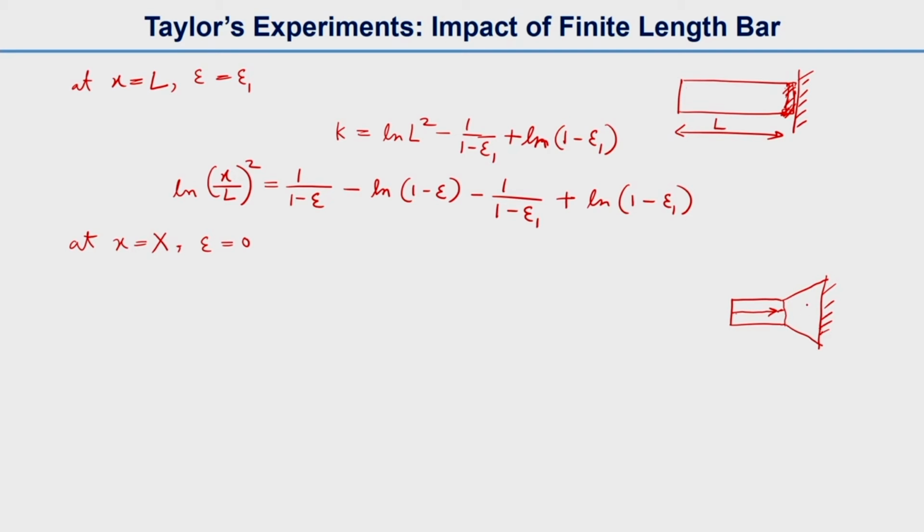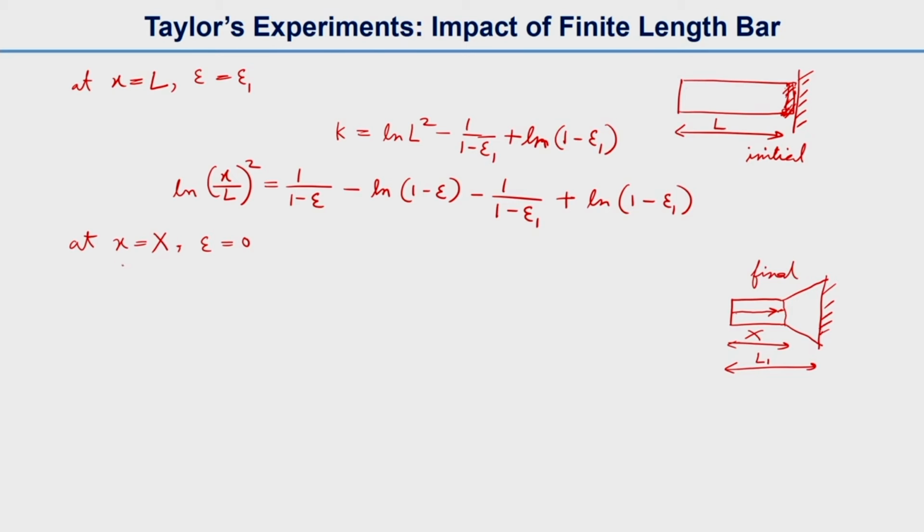This distance we can call x, and the total distance is L1. This is the initial configuration and this is the final configuration.